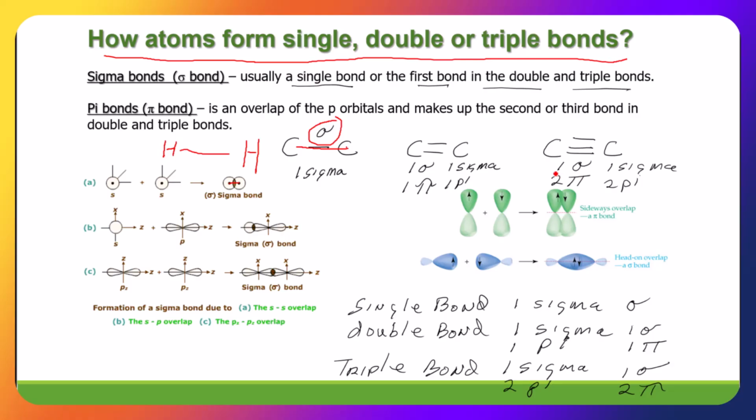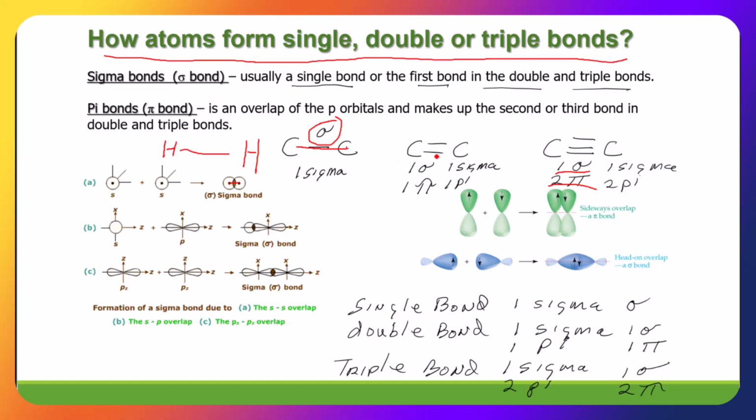A triple bond is one sigma and two pi bonds. Okay, so keep this in mind. If I give you a complicated molecule and I ask you for the sigma and pi bonds, go through it, count every single bond, and those are all sigma.